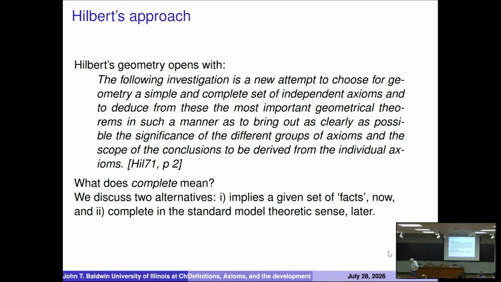And he's foreshadowing what he's going to prove is that the groups are independent in the sense that we talk about. He's not claiming, and it isn't true, that it's a totally independent set of axioms. It's that certain groups are independent from other groups.